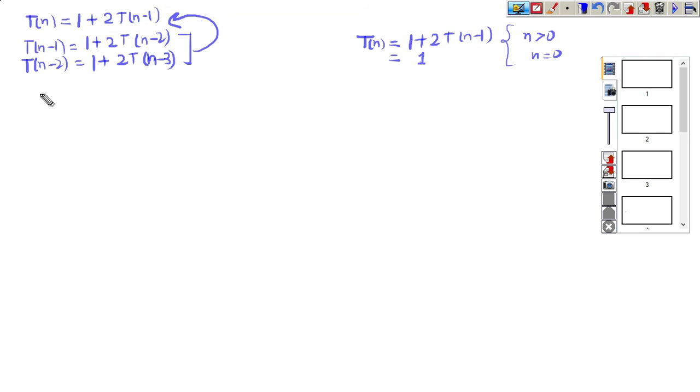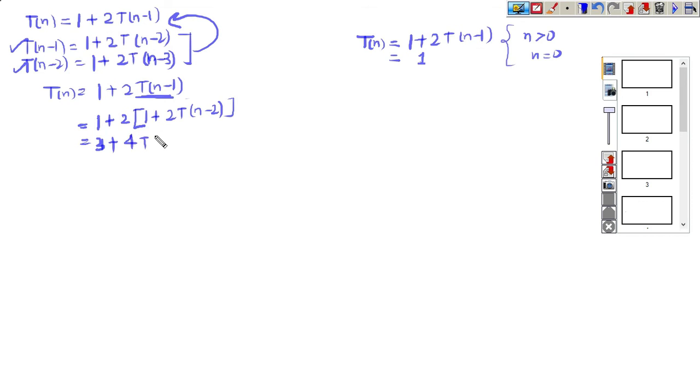Our main equation is t of n equals 1 plus 2 t of n minus 1. I am going to replace t of n minus 1 from here. So we get 1 plus 2, and t of n minus 1 can be written as 1 plus 2 t of n minus 2. When you expand this, 2 into 1 is 2 plus 1 is 3, so we get 3 plus 4 t of n minus 2.